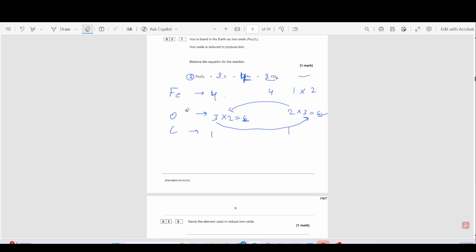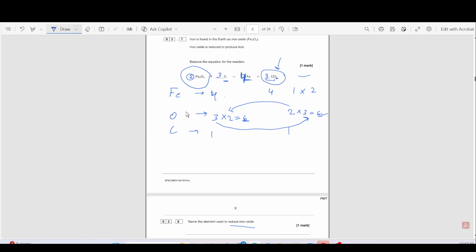The element is the one which is reducing iron oxide. If you notice, this is iron oxide, right? And what is reducing iron oxide is carbon, because now you have oxygen with carbon.